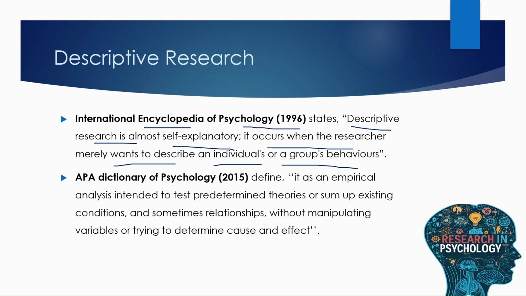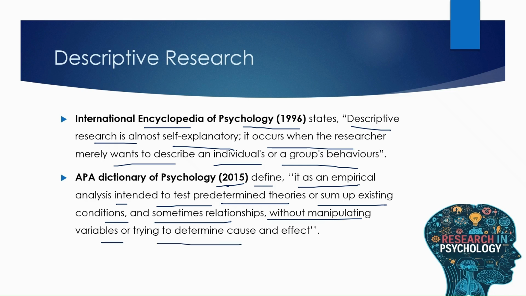Okay. Now, the American Psychological Association, APA Dictionary of Psychology, in 2015 defines it as an empirical analysis intended to test predetermined theories or sum up existing conditions and sometimes relationships without manipulating variables or trying to determine cause and effect. Okay. Empirical analysis means something that can be observed. Analysis that is conducted by observing. So empirical means observed.